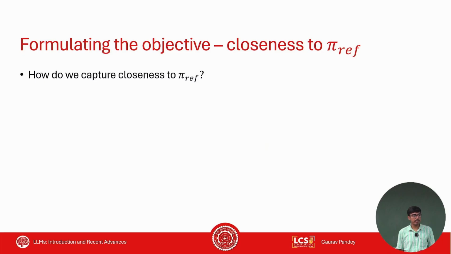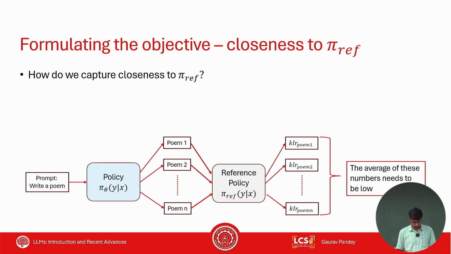The other objective is that you want to stay close to the reference policy. How do we capture the closeness to the reference policy? Any idea? KL divergence, yes. So the next term is the KL divergence between the policy that I am training and the reference policy.